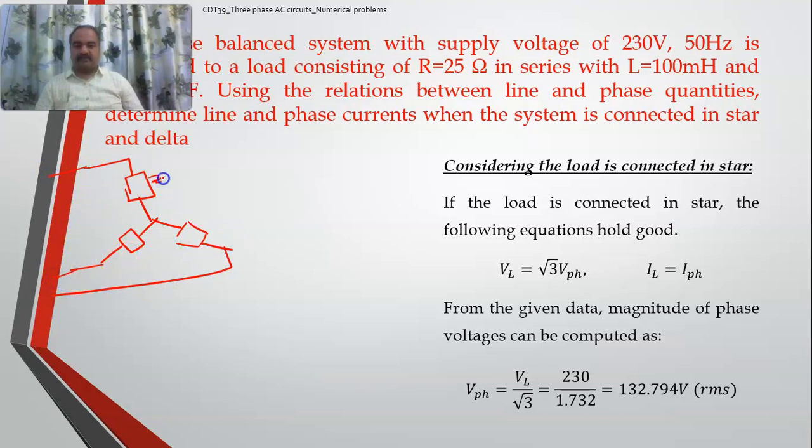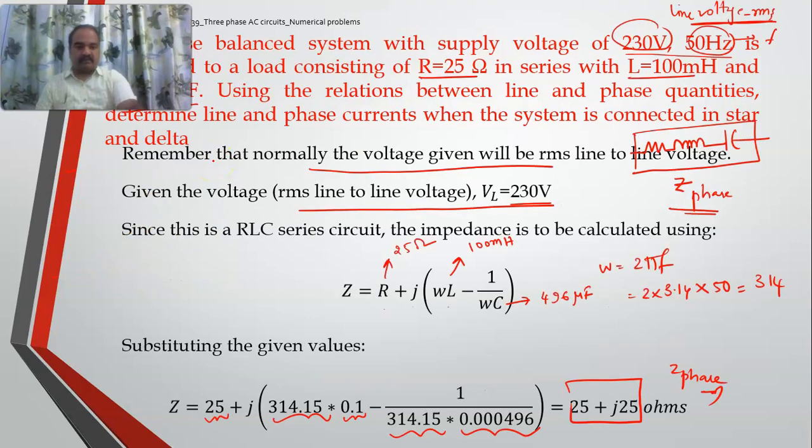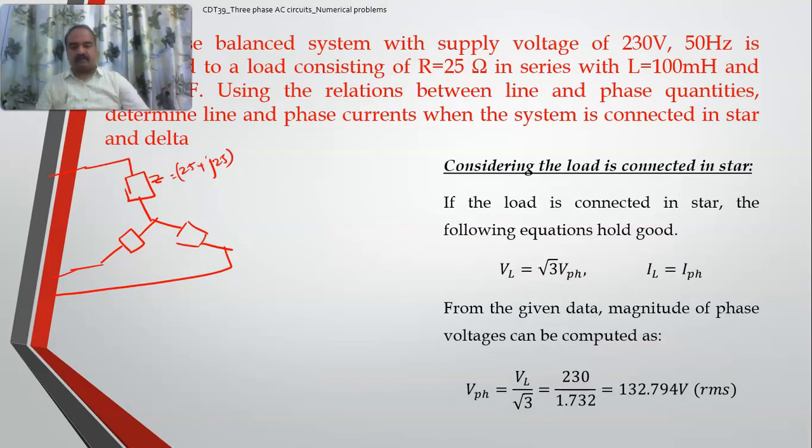In each phase I do have 25 plus j25, and these are the lines R, Y, B. Since it is a star connection, we know that VL is equal to root 3 V phase.